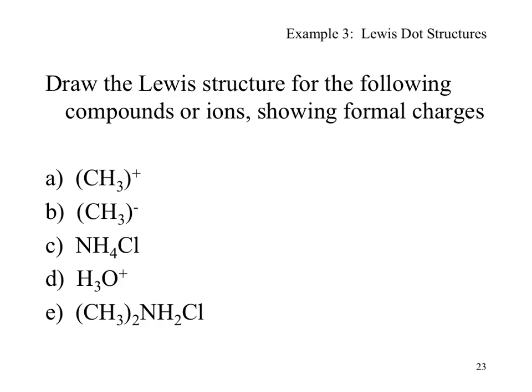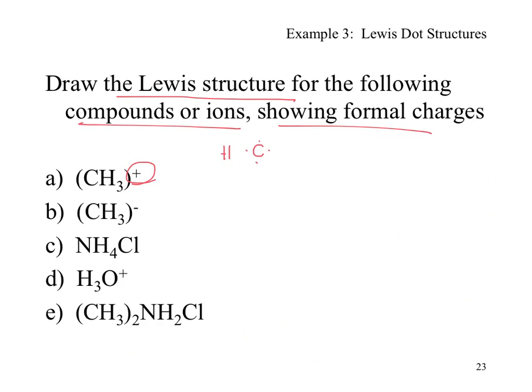Okay, let's see if we can go over some of these structures. You have to draw the Lewis structure for these compounds and ions, and you also have to show the formal charges. So you have carbon. Carbon has 4 electrons. Notice, but there is a positive charge.